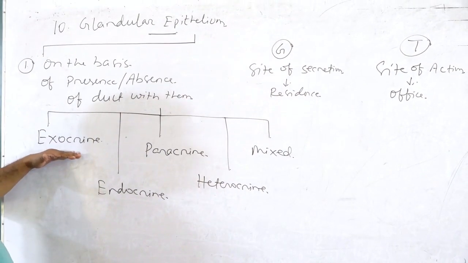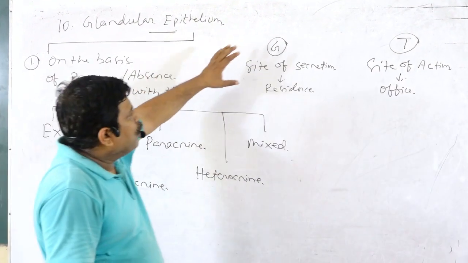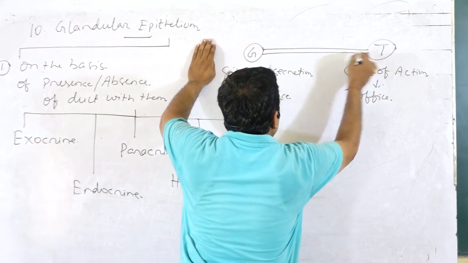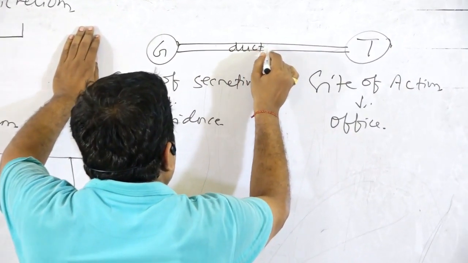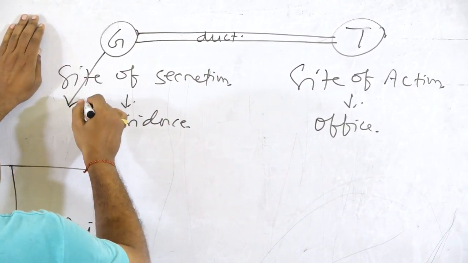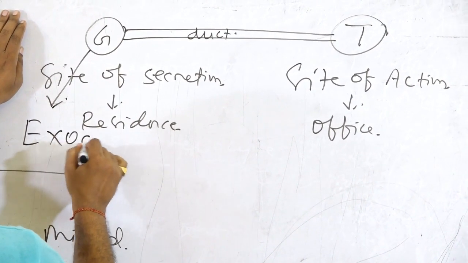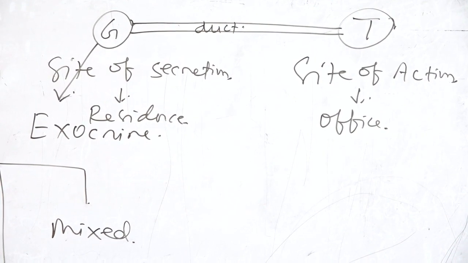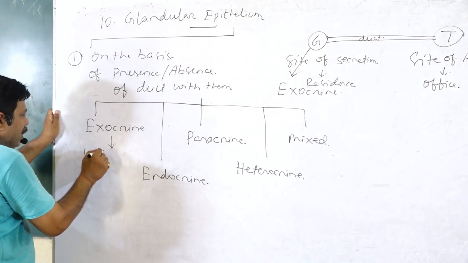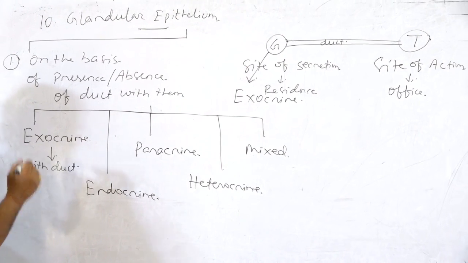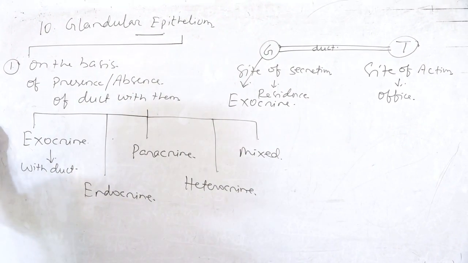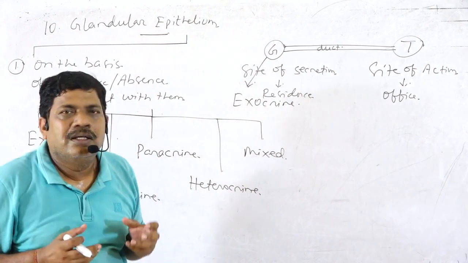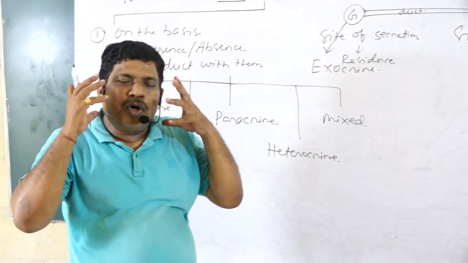Exocrine gland: if the gland is associated with a specific duct, then it is said to be exocrine. So exocrine gland means a gland with a duct. Your salivary glands, all three pairs.